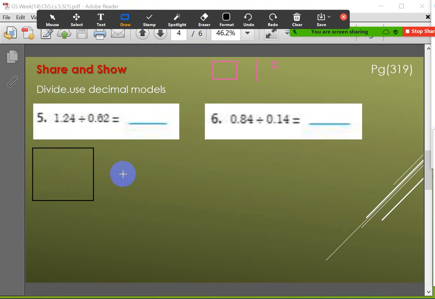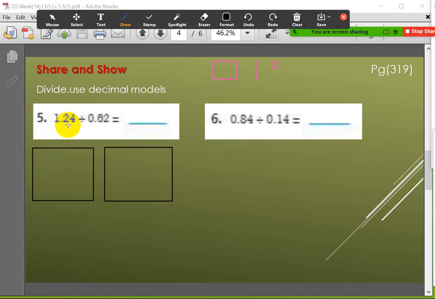Now I don't have a model here, so I will draw it by myself. You have to draw it also, I think. So, the first one is what? 1.24. That means the dividend is 1.24. 1, that means what? A flat.